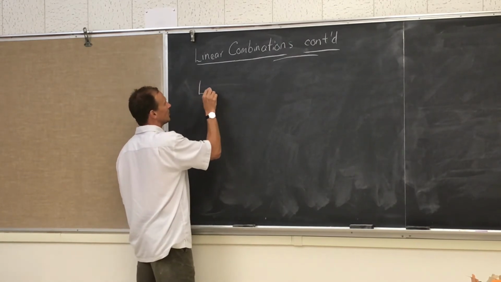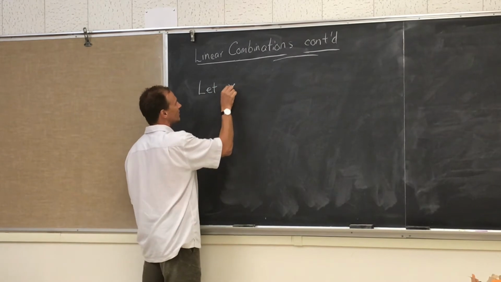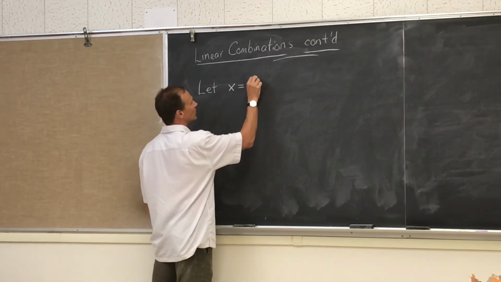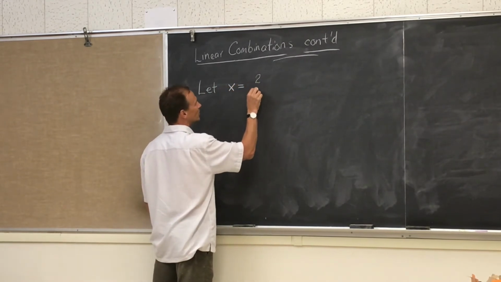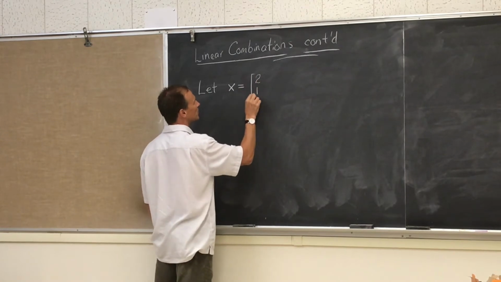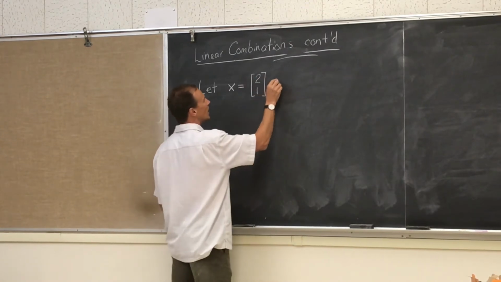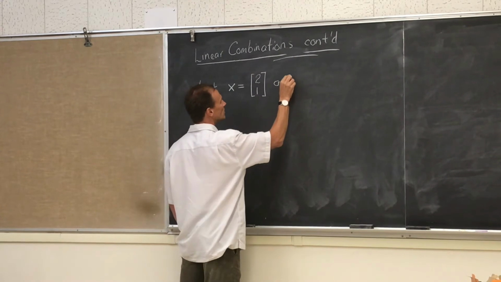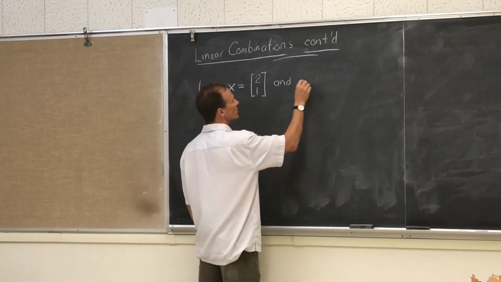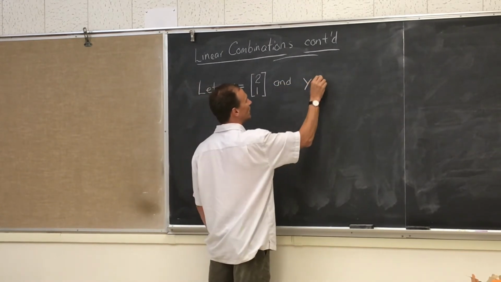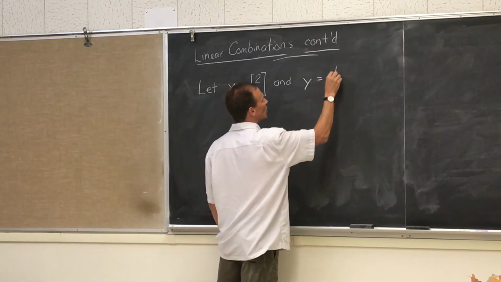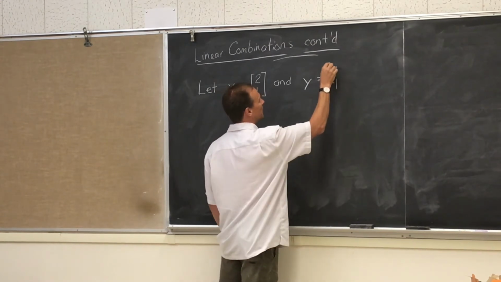We're going to use our example. So let x equal, and we're going to use our same x that we did before, the vector 2, 1. And the vector y, we're still going to use the vector 1 and negative 1.